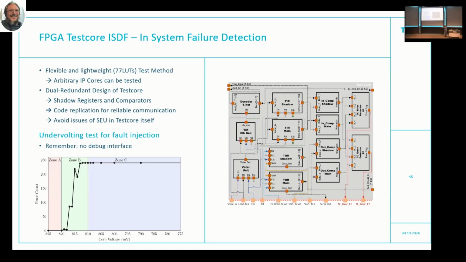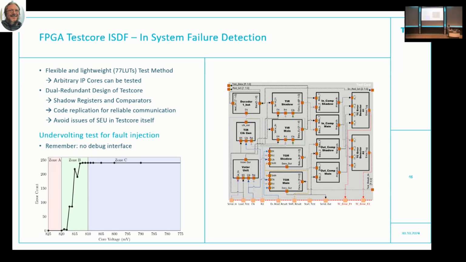It's also future-proof: when we have other IP cores, we can just adapt the test core. It's dual redundant, so when there is a bit flip or some other radiation effect on our fabric, the test core itself is not affected, or at least we can recognize that there was an error. This is also really important. And as I said before, the communication is also protected.